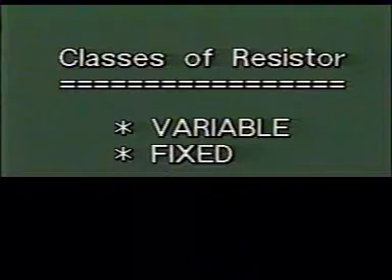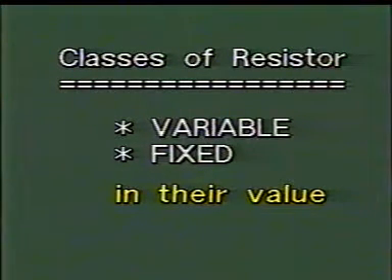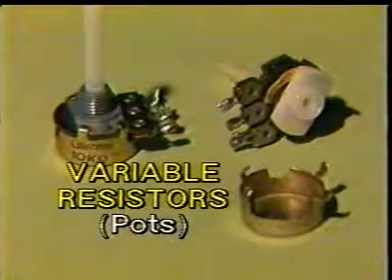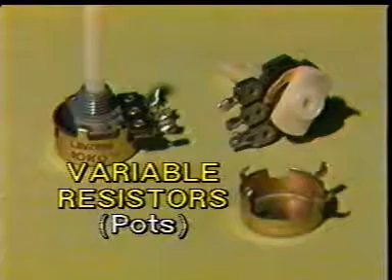Resistors are of three types: variable, fixed, and special. However, they belong to either of the two classes, variable or fixed in their value. In electronic circuits, it sometimes becomes necessary to adjust the values of current and voltage.